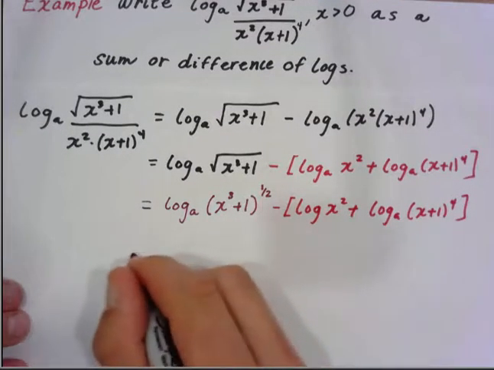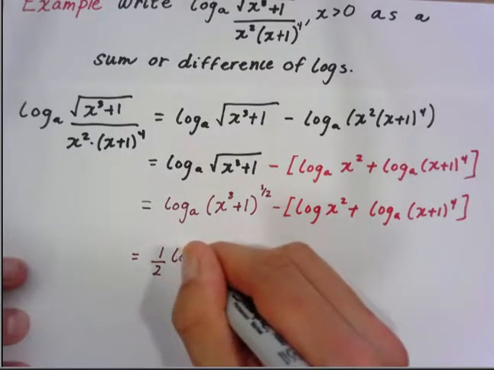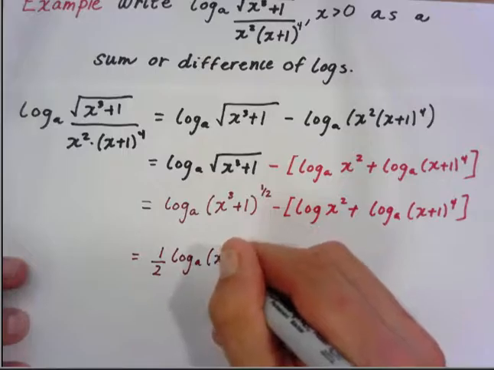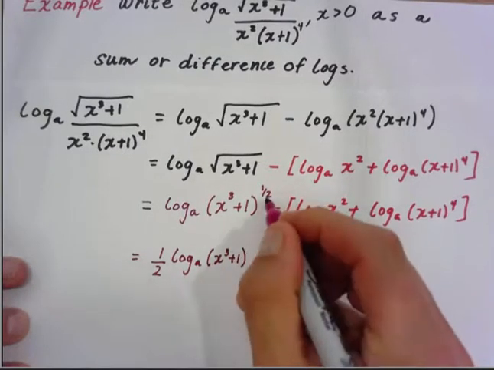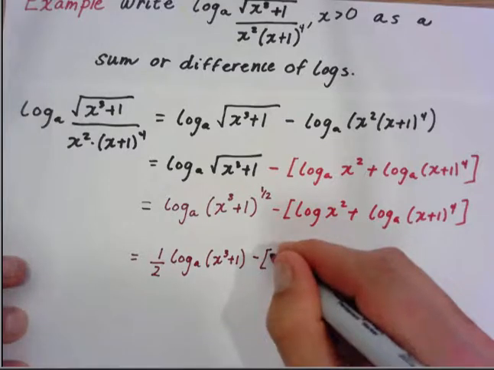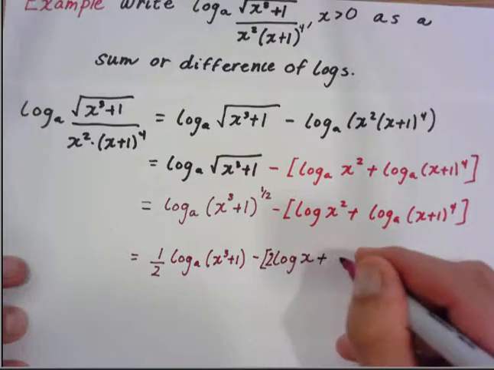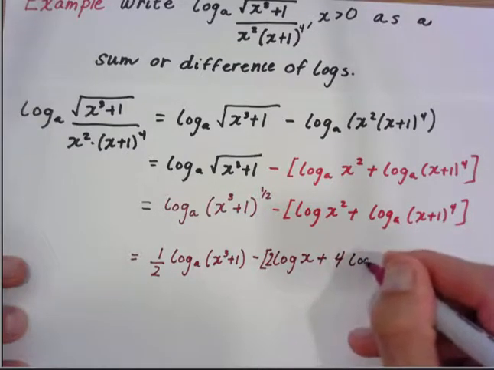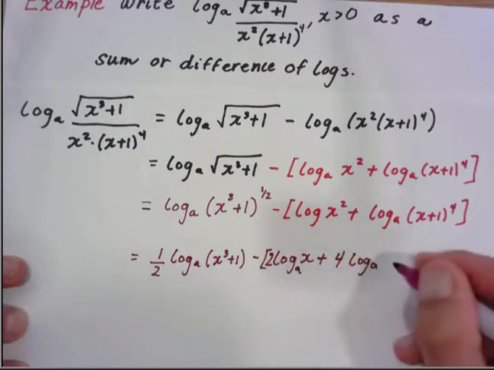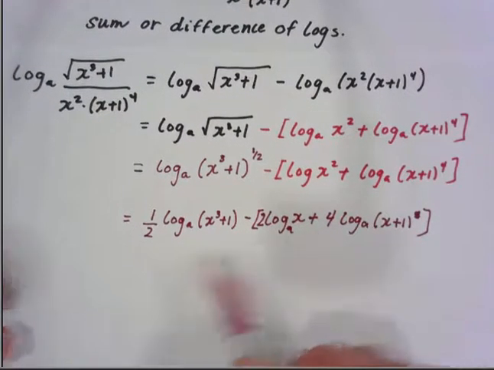We're going to bring the 1/2 out front, and we'll have log base a of x cubed plus 1, minus 2 log base a of x, minus 4 log base a of x plus 1. Sorry, I'm messing up here with all these things. So I go ahead and rewrite that.